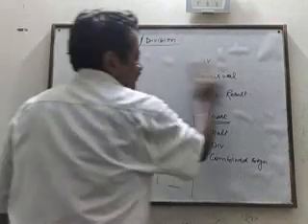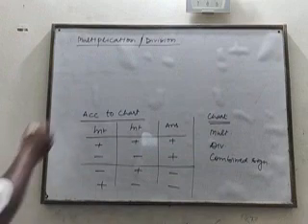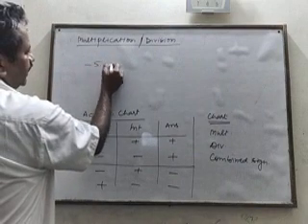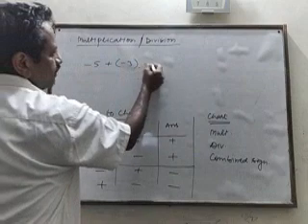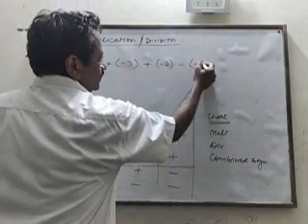Combined sign means, for example, sometimes we will get -5 plus -3 plus -2 minus -3.